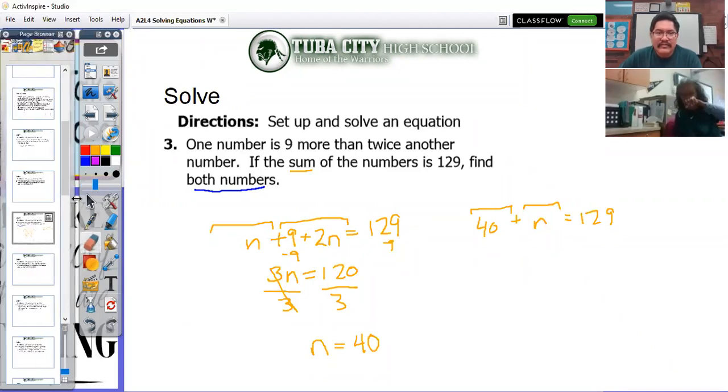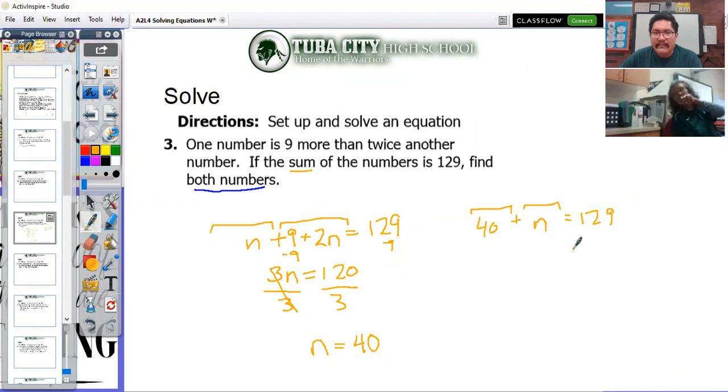Okay, but that's probably distracting. Let's leave that n off for now. So what number can I add to 40 to get 129? Well, if I minus 40 from both sides, n equals 89. And that's our second number. So the first number is 40, and the second number is 89.